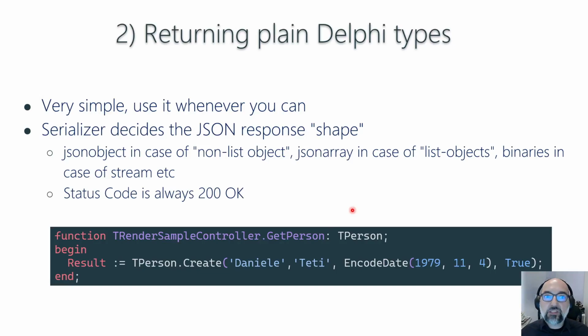If it is something which resembles a list, internally it uses a mechanism based on duck typing, if it seems a list, then it uses a JSON array to render it, or a binary stream if you are returning a stream, and so on. The status code in this case is always 200.